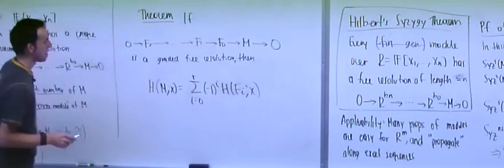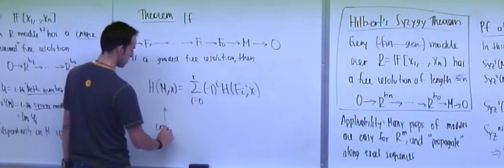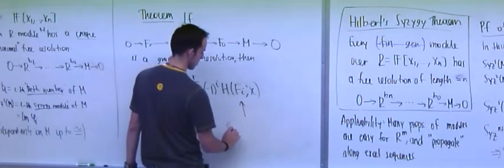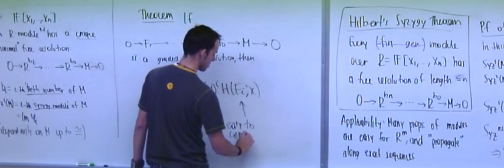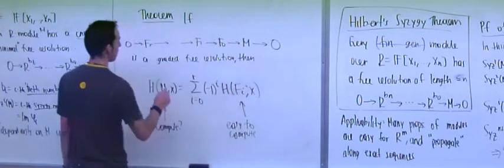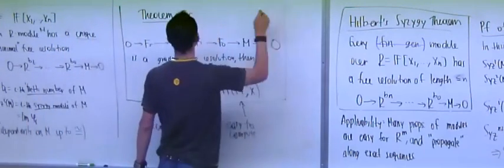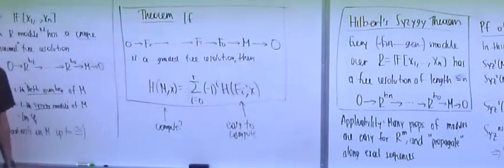And the point is that this is what we want to compute, and these are very easy, as we will see next. So in other words, by virtue of knowing how to compute free resolutions, the question of computing Hilbert series becomes much simpler.